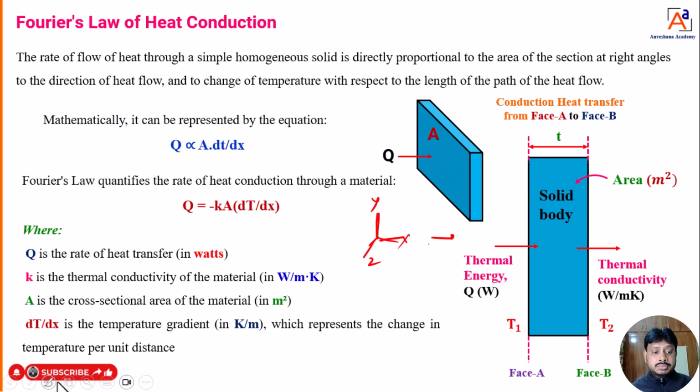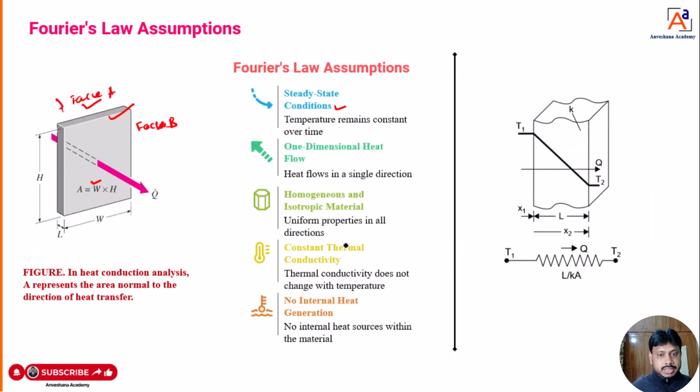But he assumed heat is transferring in only one dimension, that too in the x direction, not in y and not in z. Even though heat transfer may be there in y and z, he assumed that heat is transferring in only one direction. That means he may insulate the body in the other y and z directions. That is the second assumption he made.